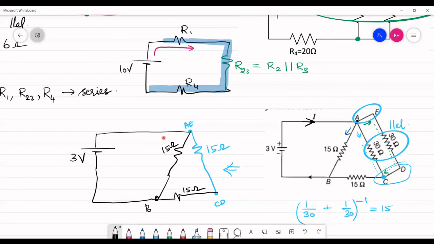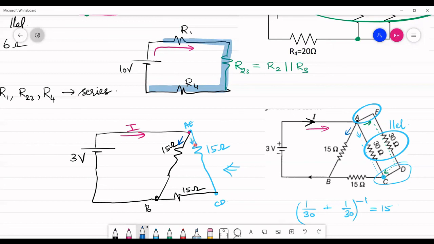Now coming back, here you have a current coming from the source, you call it I. That current, when it comes to this node, gets split into 2. One portion is flowing through this 15 ohm resistor, the other portion is flowing through this 15 ohm resistor.